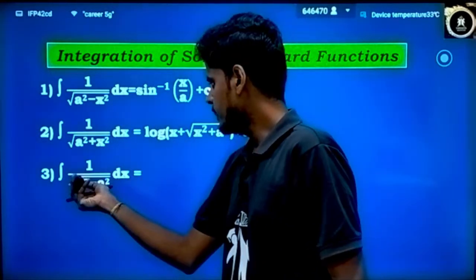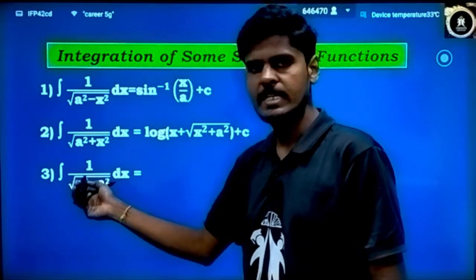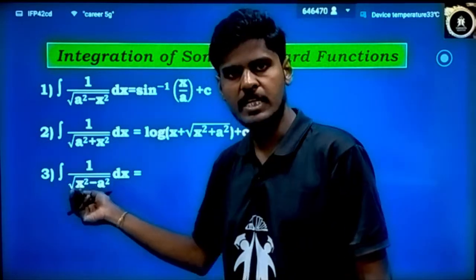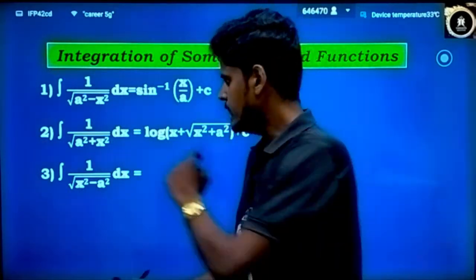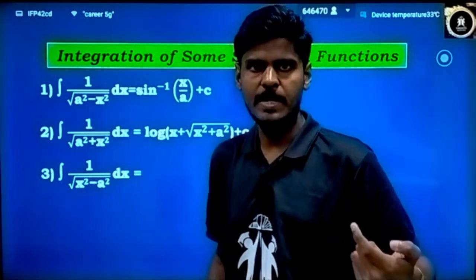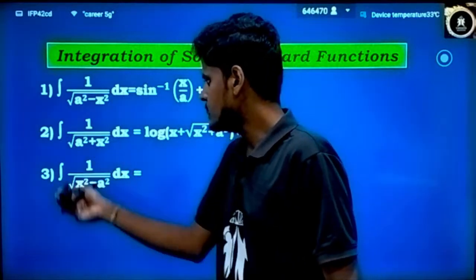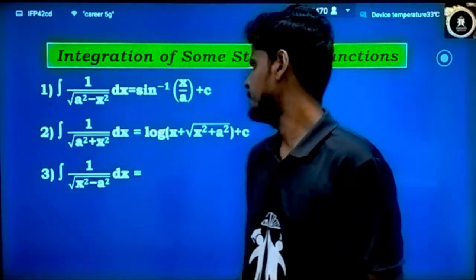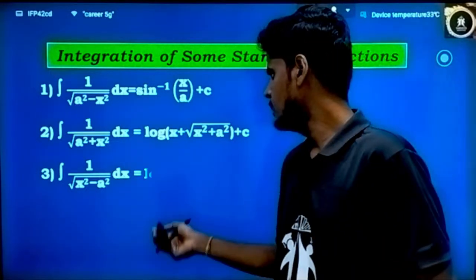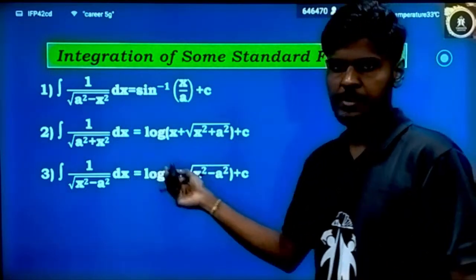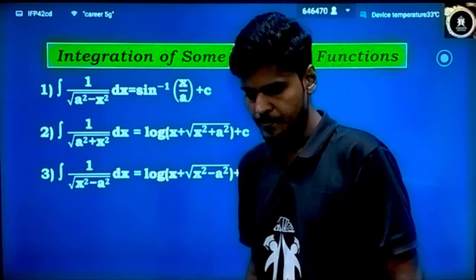Here we can make the substitution x as a secant theta. So we will get a square secant square theta minus a square. If we take a square common, we will get secant square minus 1, that will become tan square. So our purpose of making the substitution is to reduce this integrand into a simpler form that will be easy to integrate. So its answer will become log of x plus root of x square minus a square.